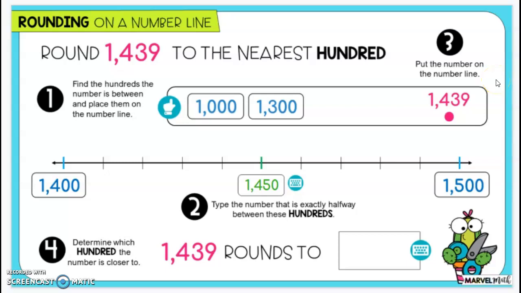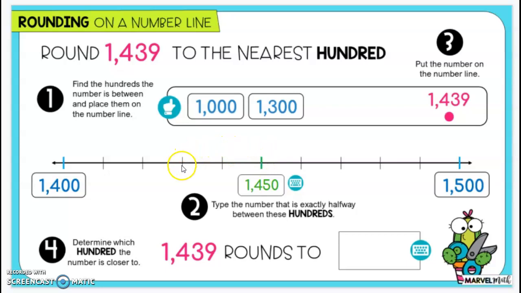Third, I need to determine where my number 1,439 will go on the number line. Remember, each dash is still counting by tens because we're looking at the hundreds place. So 1,410, 1,420, 1,430, 1,440, and 1,450.